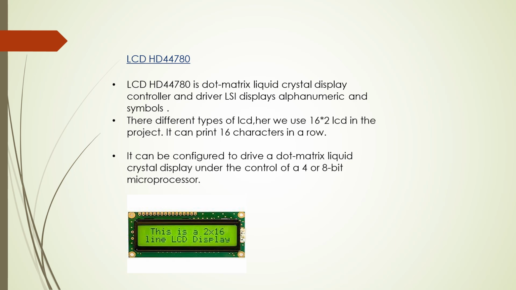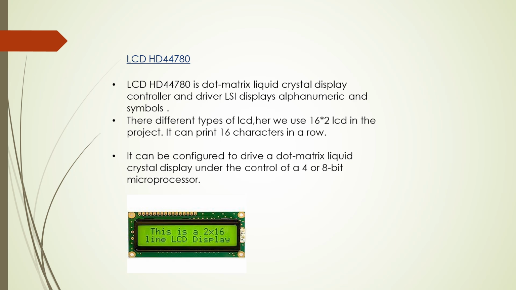Next, LCD HD 44780, a liquid crystal display. We say LCD for liquid crystal display. HD 44780 is a dot matrix liquid crystal display controller and driver LSI that displays alphanumeric characters and symbols.